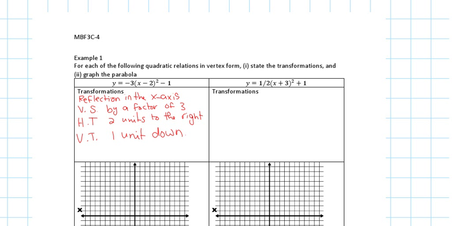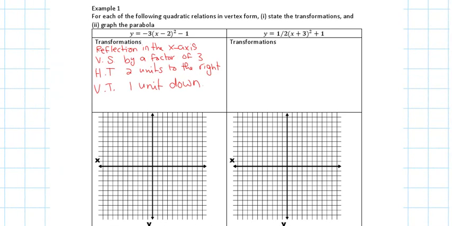Now I have to graph. First thing to graphing is you have to find the vertex. What is your vertex? 2, -1. The only one that changes is whatever is inside the bracket. You change the sign for that.